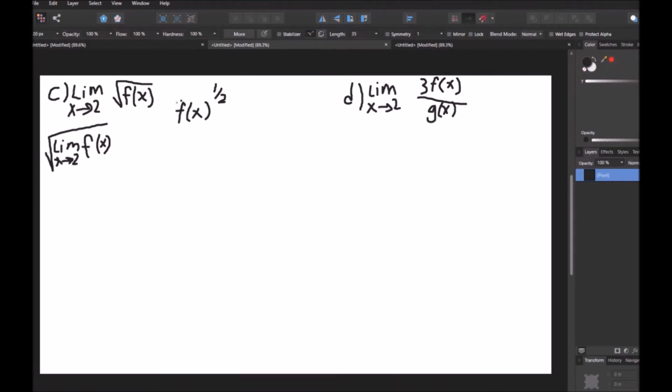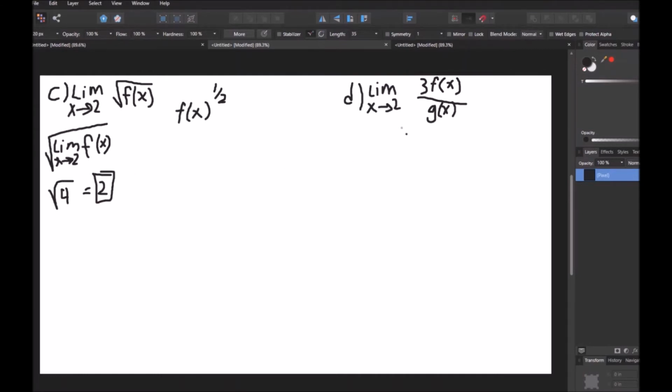Raising this function to the 1/2 is the exact same thing as taking the square root of it. And we know from our exponent rule that if we take the limit of a function raised to a power, we just raise the whole limit to that power. It's exactly what we did in part B. So I would have the limit as x approaches 2 of f of x all raised to the 1/2, which would just be the square root of the entire limit. We know that the limit as x approaches 2 of f of x is 4, so it's the square root of 4, which is just 2.